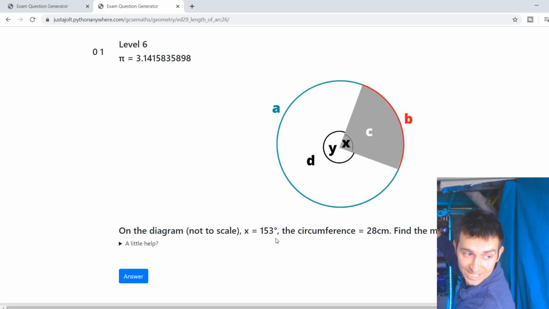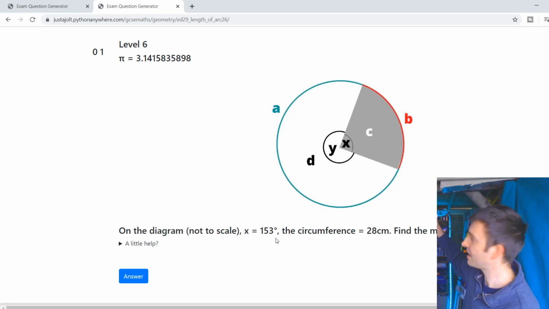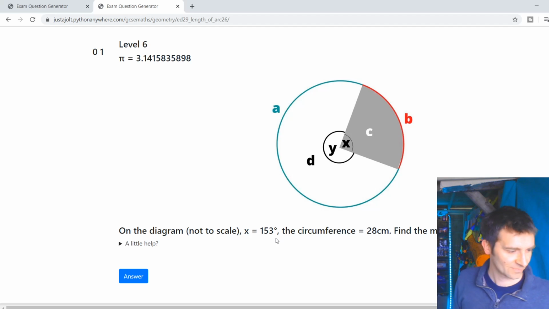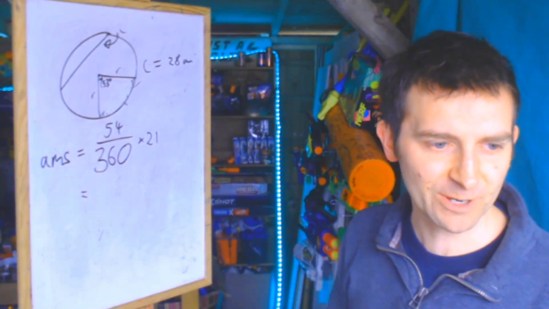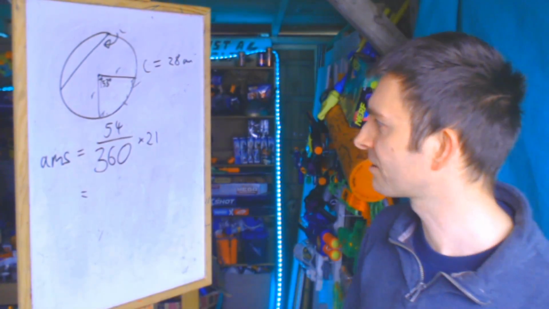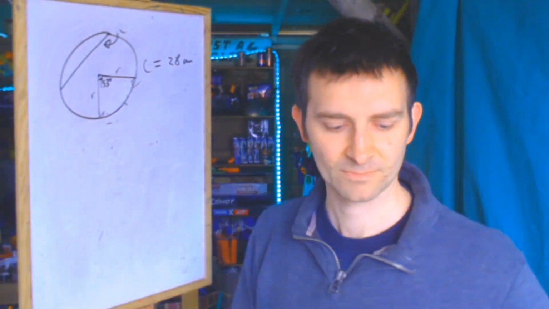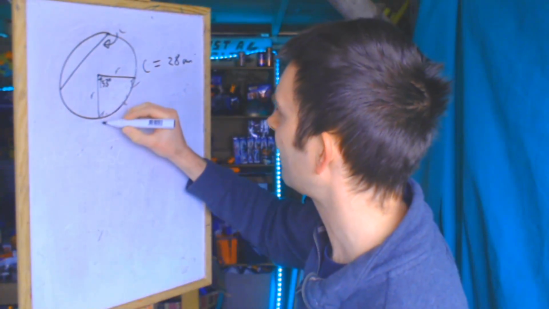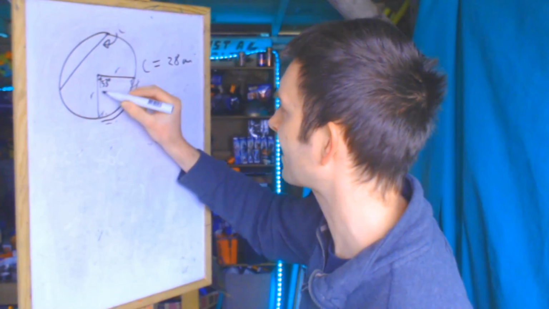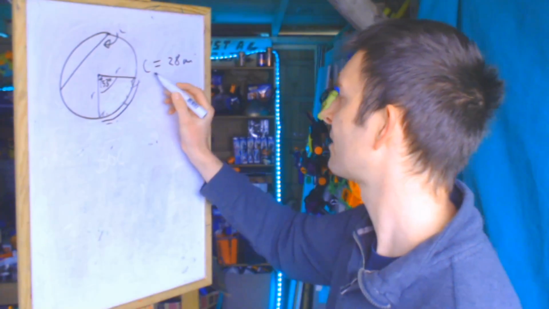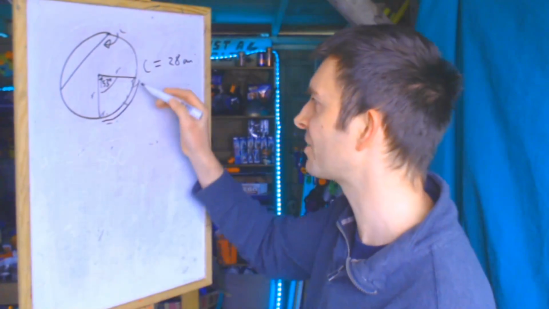The circumference is 28 centimeters. So there's the circumference, and we want to find the minor arc's length. So that means that we want to find the length of this. This angle is 153 degrees. The circumference is 28, and we want to find the minor arc's length.